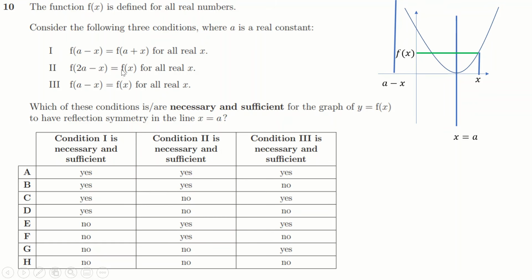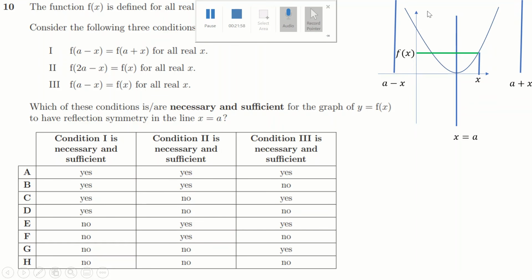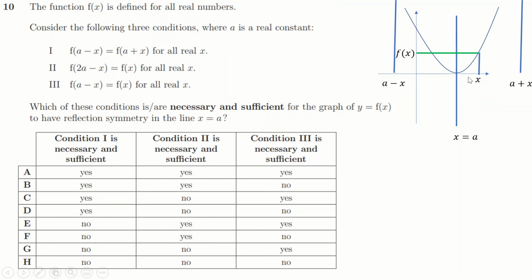And now x plus a, or a plus x, is over here somewhere, because they're both positive numbers. That's a, that's x. You add them together, you get over here somewhere. And now this looks like it could be the same. f of a minus x is up here somewhere. f of a plus x is up here somewhere. They look like they could be in the same place. And they actually are, right?